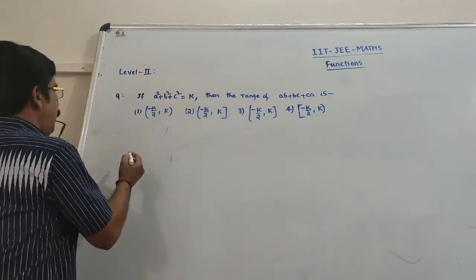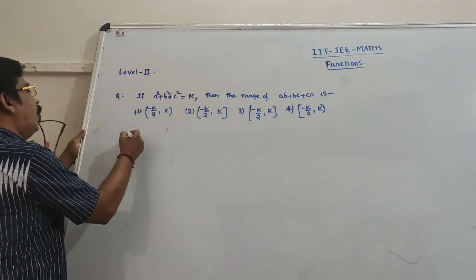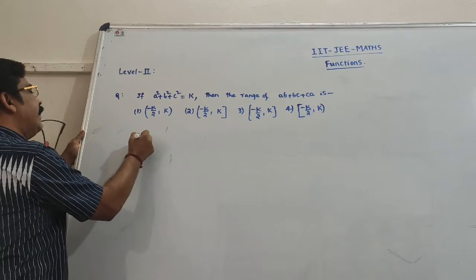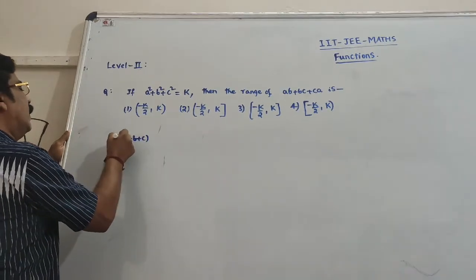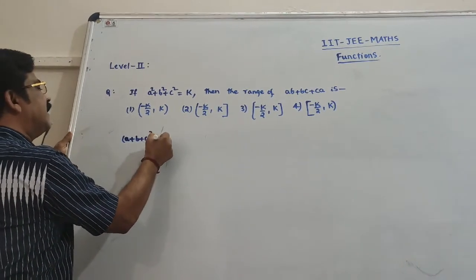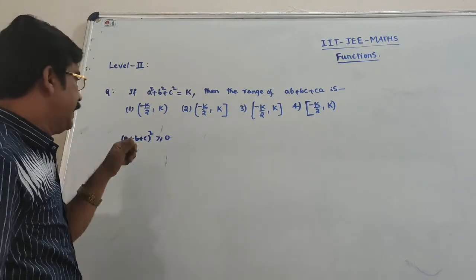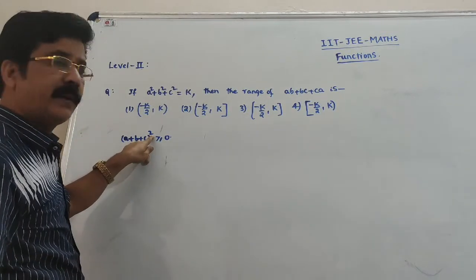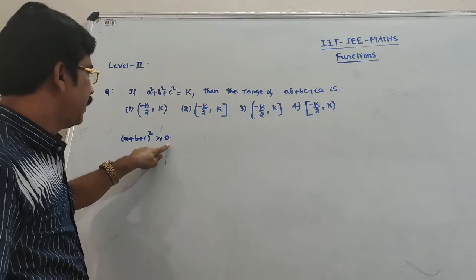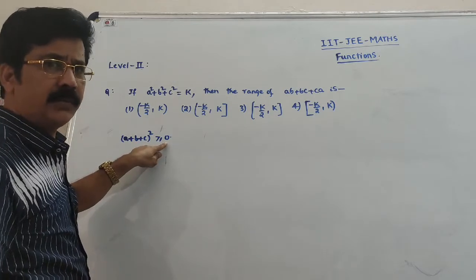So we know a plus b plus c whole square is greater than or equal to 0. Whatever a, b, c are, it is a whole square, therefore it should be non-negative, meaning greater than or equal to 0.